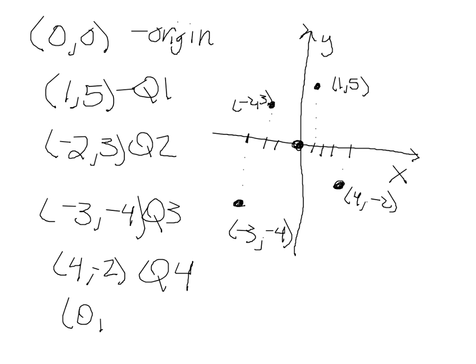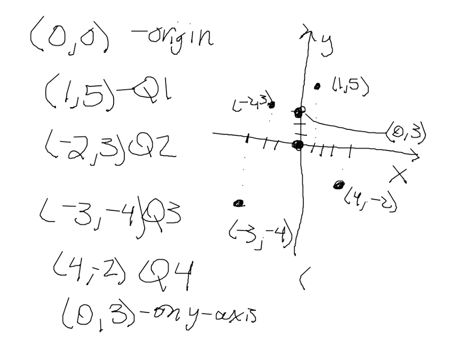Now, some points are not in a quadrant. For example, the point 0, 3, 0 is the number of units I move left or right, and 3 is the number of units I move up or down. Since it's positive, I move up 3. So this is on the y-axis, so it's not in a quadrant.